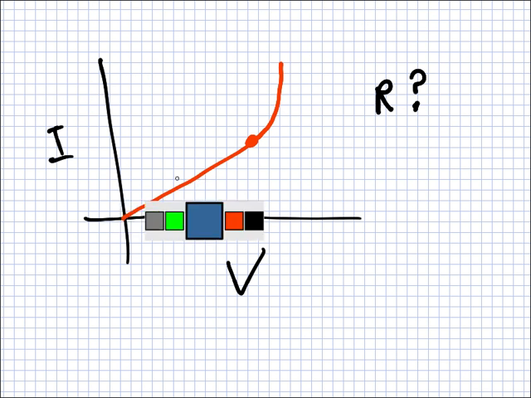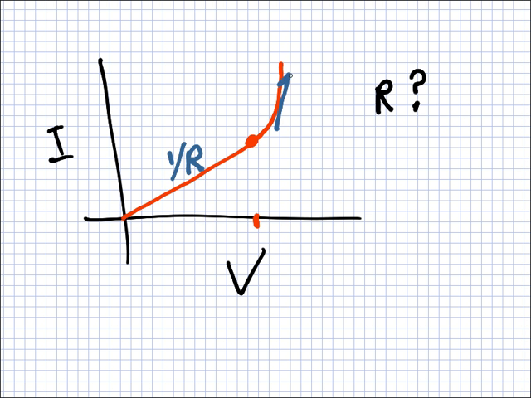Smaller. Because we said that the slope is 1 over R. So here the slope is bigger, so that means the R is smaller because it's the reciprocal. And if the graph goes like that, the R is bigger.